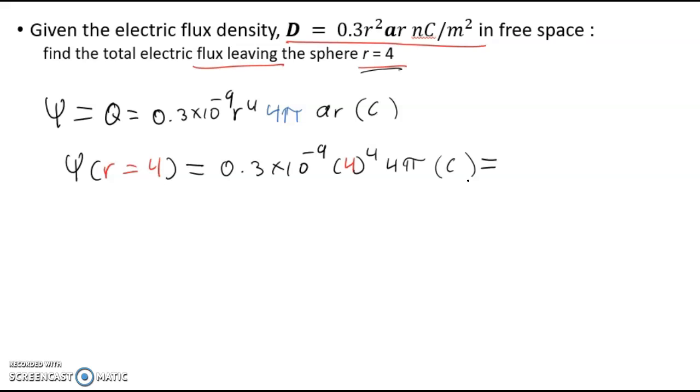The answer for this is 965 nanocoulombs. We get this answer.